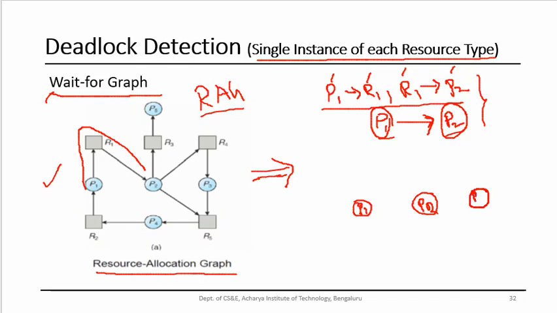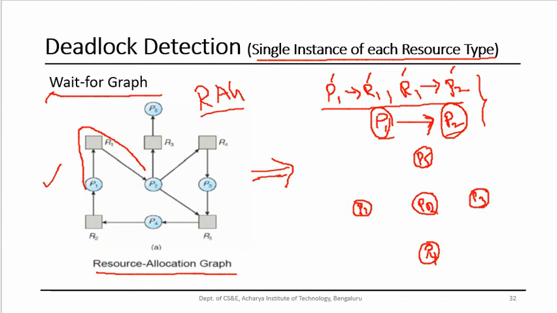This one, hope this is legible. Then there is this process P5, and there is one more process, that is P4. I have written all the processes which are there in the system. So these processes become nodes.